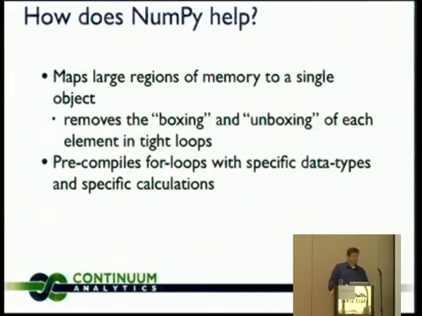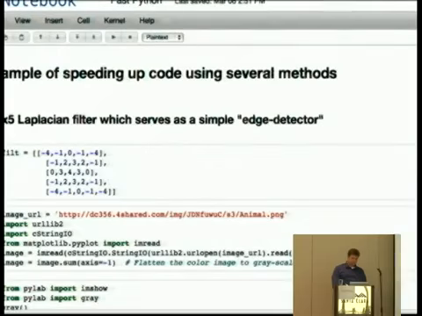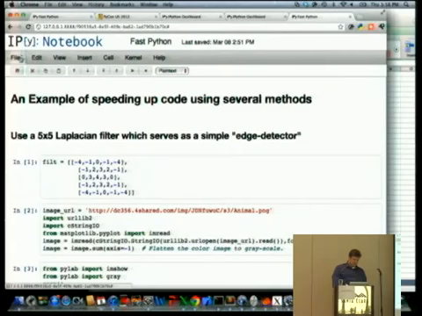That's nice, because that's one of the things that causes slowdowns in tight loops, all that moving around. Then the other thing it does is give you a set of pre-generated, compiled loops.